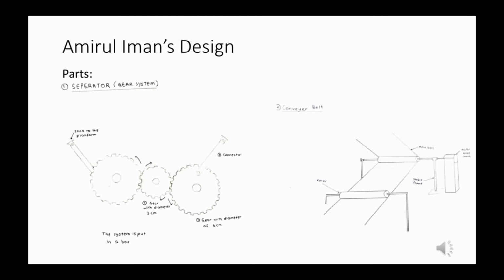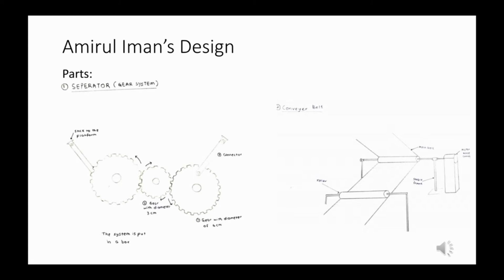Amirul Iman's design has two parts: the separator and the conveyor belt. The separator consists of a gear system, which has two big gears and one small gear. The gears will be connected to the platform through a connector.